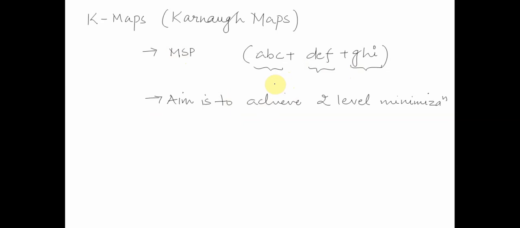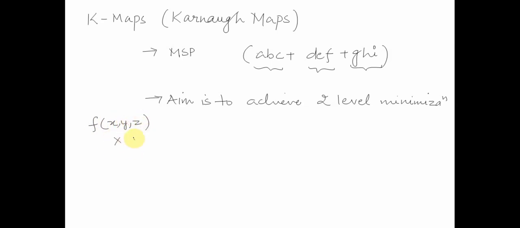So how do we look at K-maps? Let's start with a three variable function, and let's say that we have a truth table for it. Let's assume we have a function f of x, y, z, which is a three variable function.